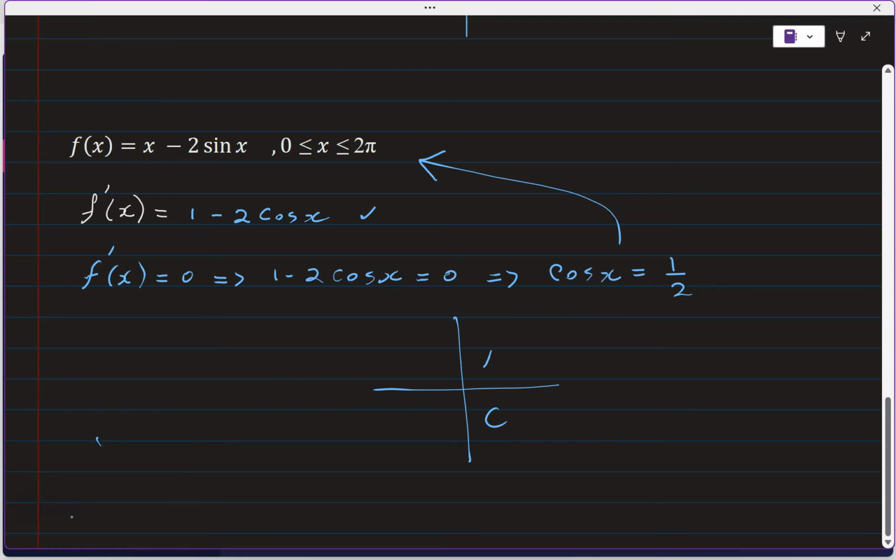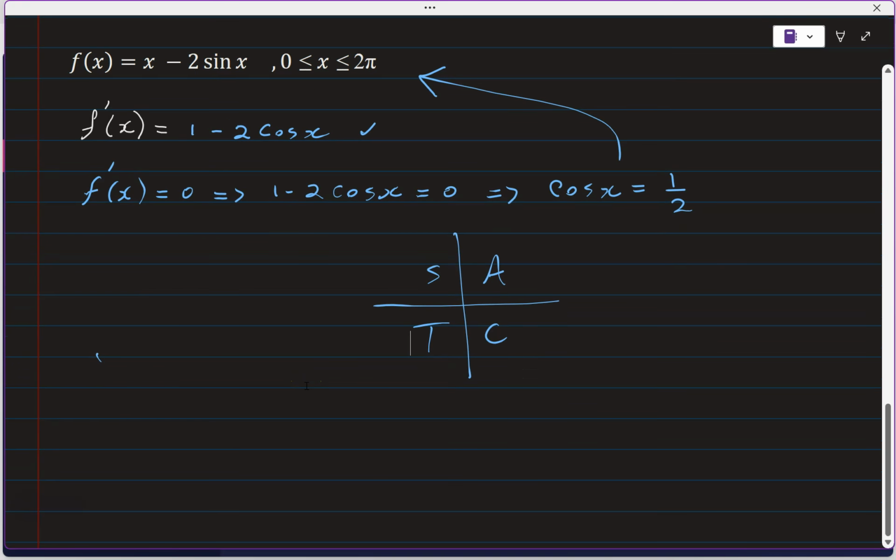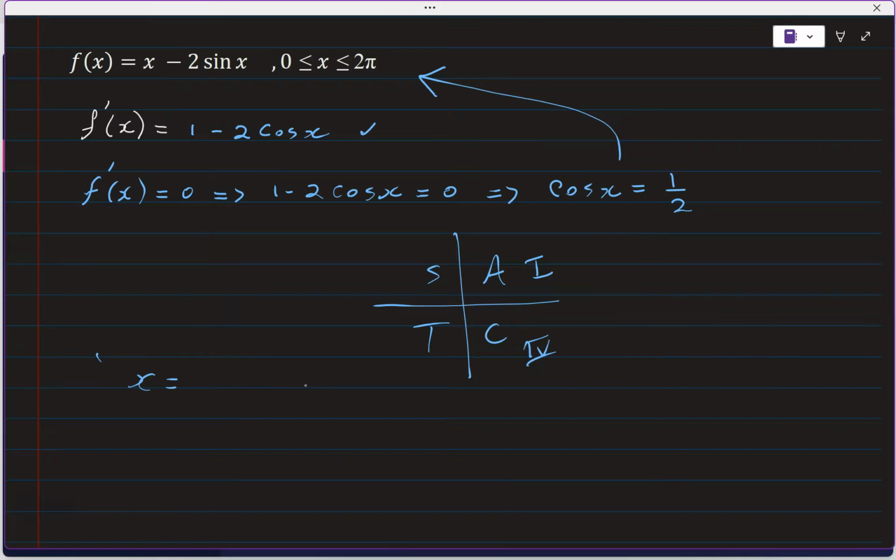So we have CAST, that's a review of trigonometric functions and trig equations. So cosine is positive in quadrant 4 and quadrant 1. So the first angle, x, will end up being pi/3. The next angle, you're going to use the reference angle of pi/3, but in the fourth quadrant, pi/3 right here.